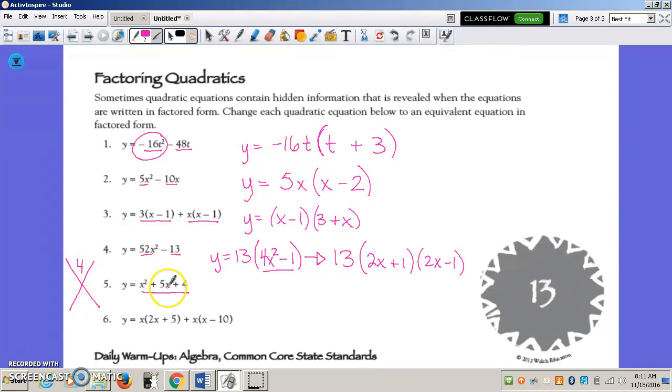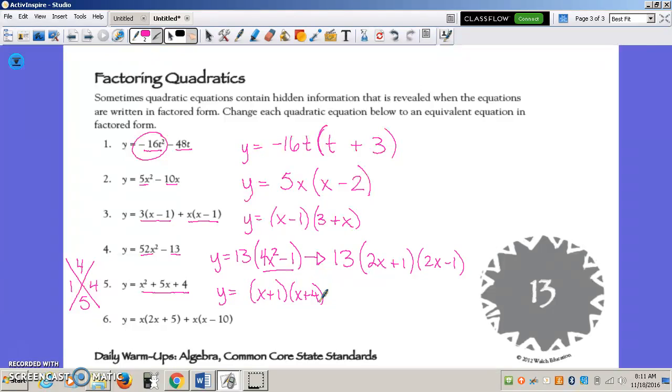On top of that, we want to add to 5. Which numbers will multiply to 4, but at the same time add to 5? Well, it's going to be 1 and 4. 1 times 4 is 4. 1 plus 4 is 5. So my factorization for this is x plus 1 and x plus 4. If you have these inverted as x plus 4 and x plus 1, that's perfectly okay.